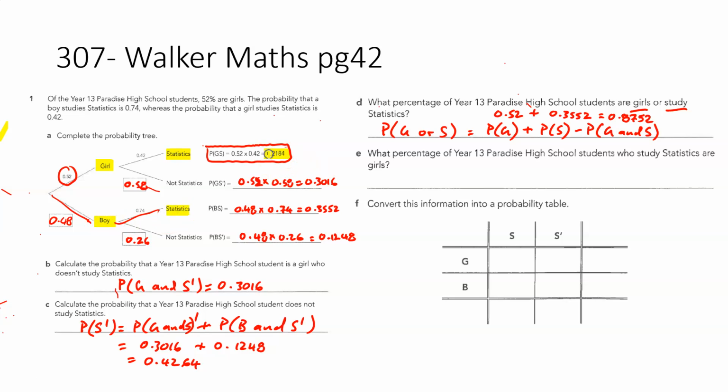In theory, the probability that someone does statistics could be those two added up already. But in this 52 that I've used, I've already used this branch, so I don't want to double that up. So what I've done is I've used the 0.52 plus the boys' result to get my final answer.